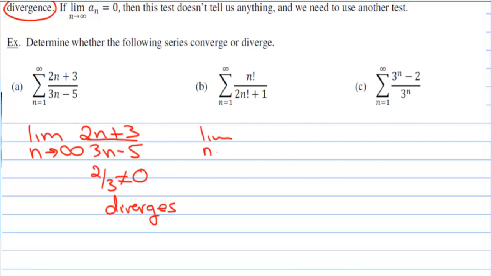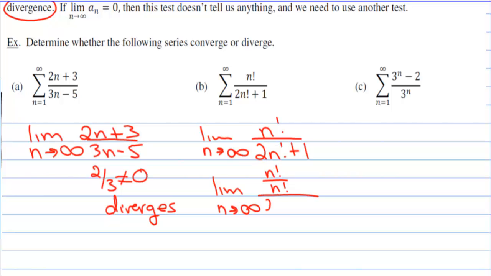The limit as n approaches infinity for this one: we have n factorial over 2n factorial plus 1, and we're going to divide everyone by n factorial. So we have n factorial over n factorial over 2n factorial over n factorial plus 1 over n factorial.